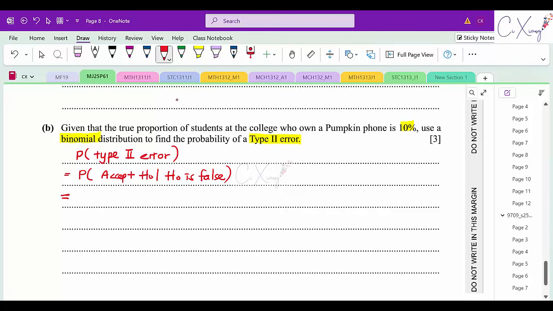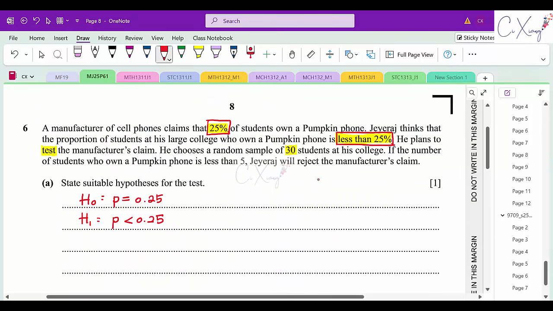To calculate the probability, accepting the null hypothesis means that you need to put the acceptance region here. But where do we get the acceptance region? We have to read the question one more time and see whether the acceptance region or rejection region is given. Let's go back to the question.